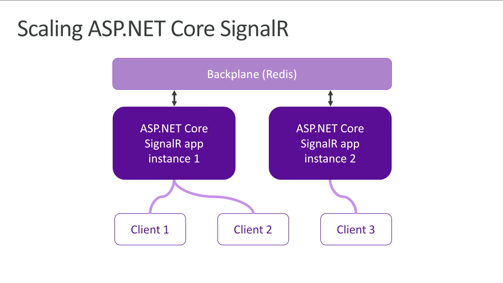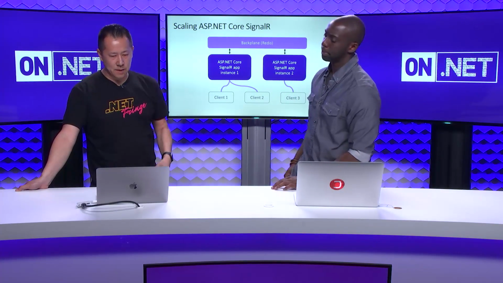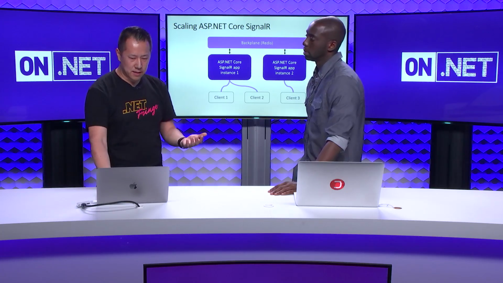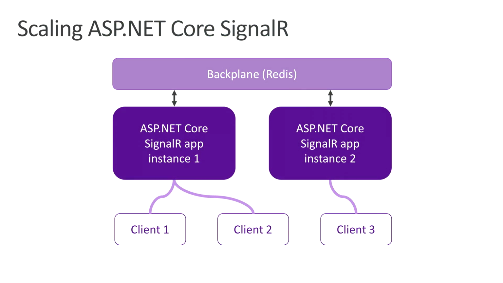Sure. And that works fine, but there are a couple of other issues around implementing the scale yourself. Another is that you can see here that the clients are actually connected to one specific instance, and for SignalR to work properly, the clients need to always connect to the same instance.